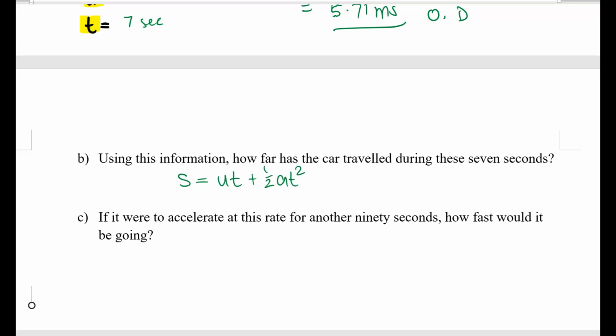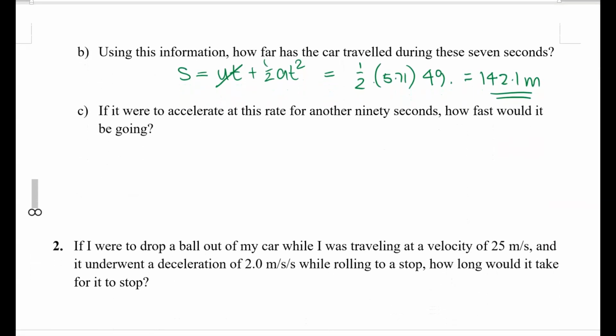Because it started with an initial velocity of 0, you're going to cancel that bit out. So our displacement is a half at squared. So it's a half times 5.71, and then t squared is 49 because 7 squared is 49, and so in that time it would have traveled 142.1 meters.